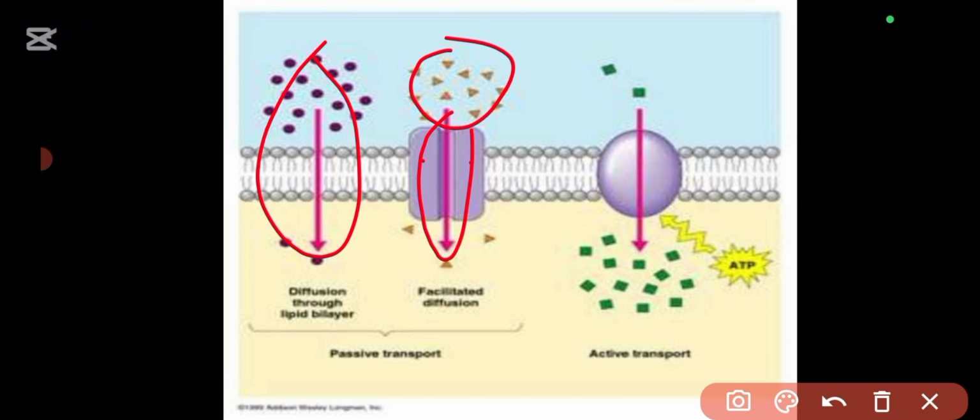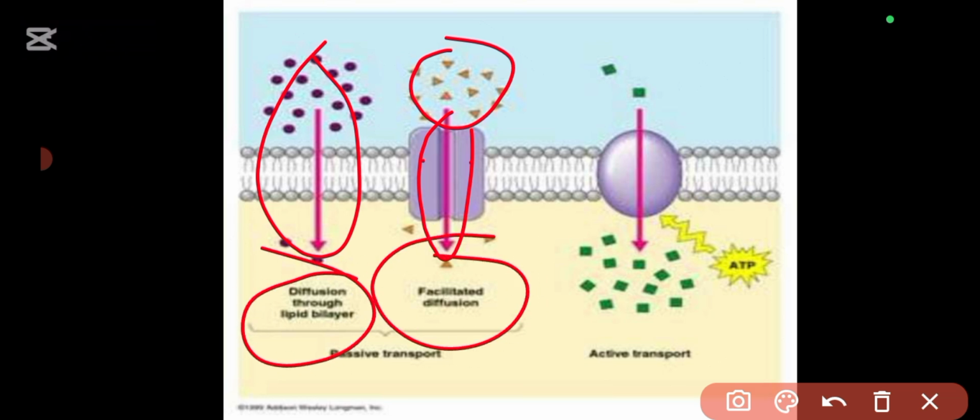So this one here is going to be simple diffusion, while this one will be called facilitated diffusion. Facilitated diffusion because there is a membrane or a surface over which they move, that helps the molecules to actually move.